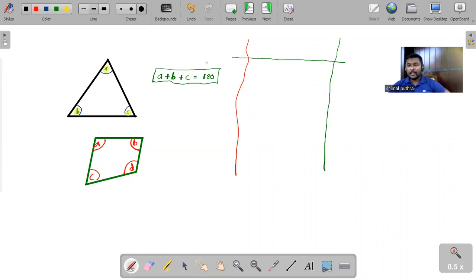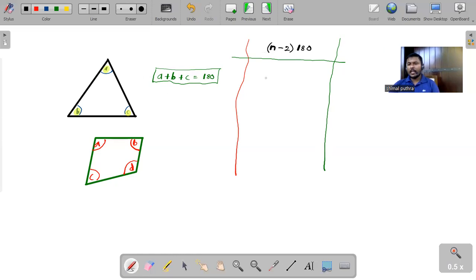If we want to find the sum of the internal angles, we can use this equation. It should be equal to (n minus 2) times 180. n is equal to the number of sides in the polygon.